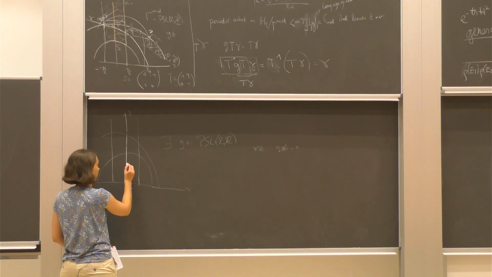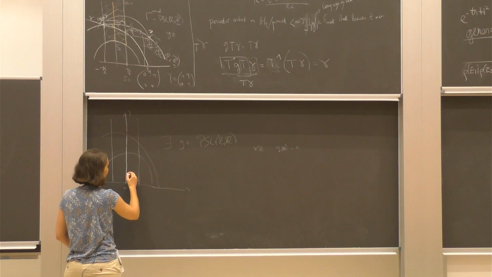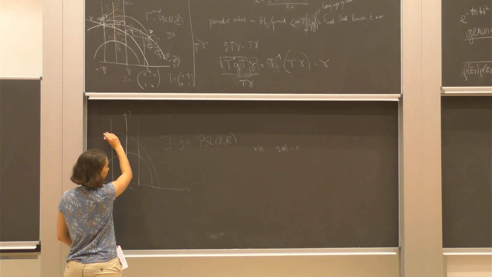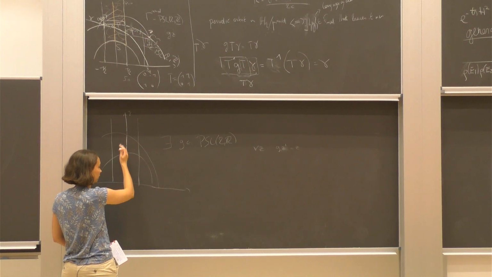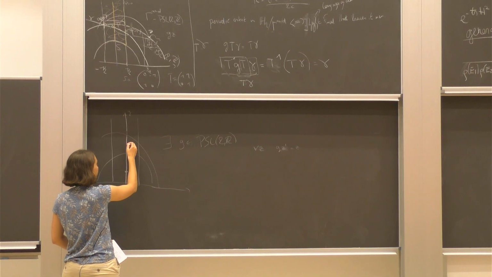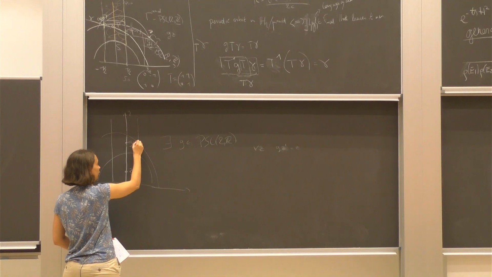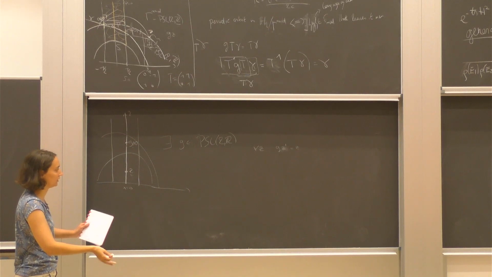So let's say we start with this geodesic, we map it back to this point, and say this was Z and this is G of Z. We can really take any Z along the geodesic, it doesn't matter.